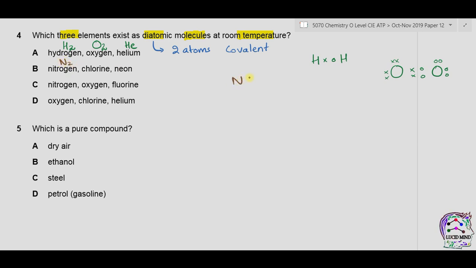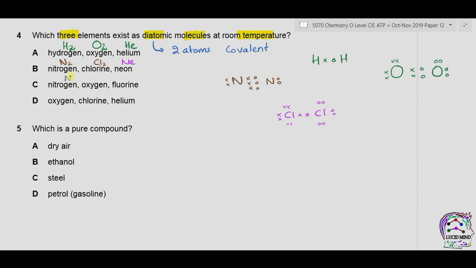Nitrogen is present in group 5, so it makes 3 covalent bonds with another nitrogen atom. Chlorine is Cl2 and chlorine makes single covalent bond with another chlorine atom to complete its octet. The third one is neon, as again neon is a noble gas, so therefore it does not make any bond, so it exists as monoatomic atoms.